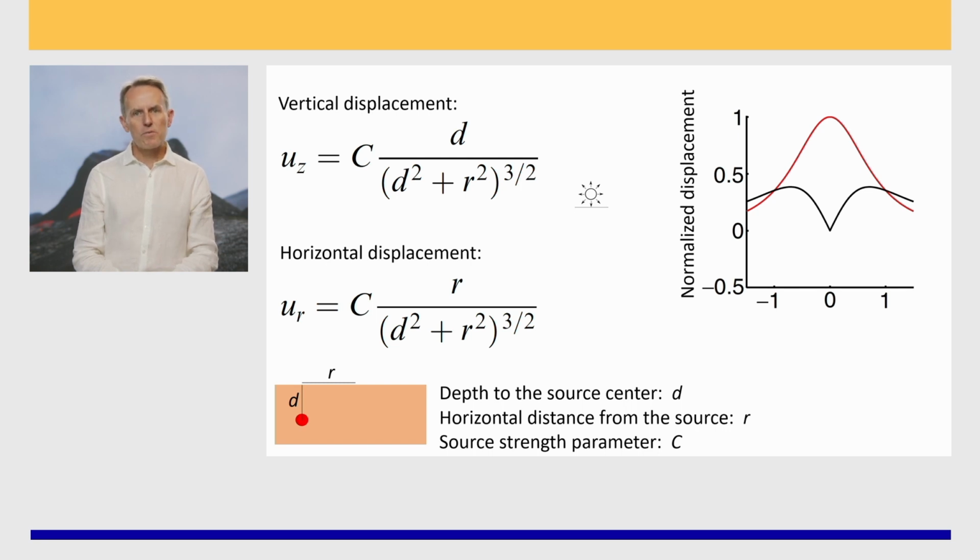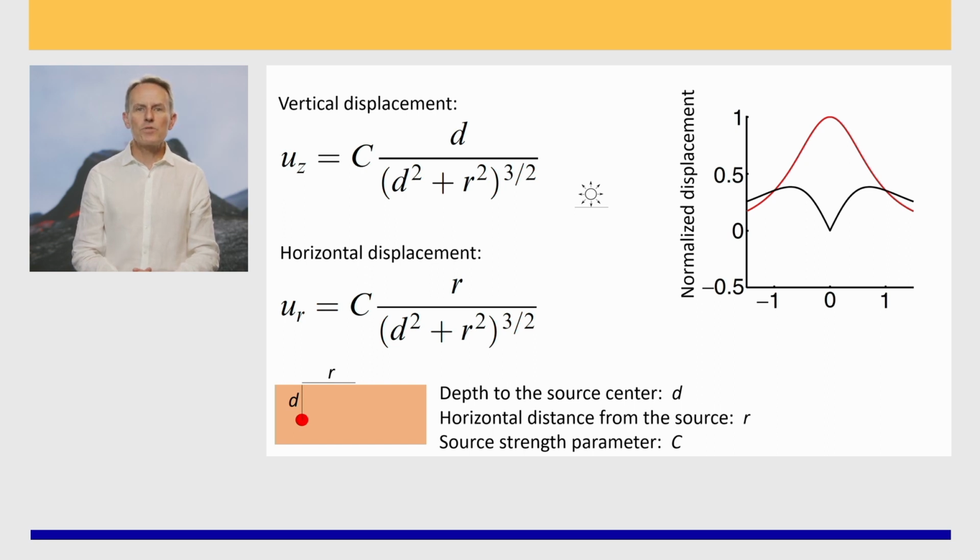And this model results in relatively simple surface deformation field that is radially symmetric. It is thus convenient to express the deformation in a coordinate system with a center in the same horizontal location as the surface projection of the source.